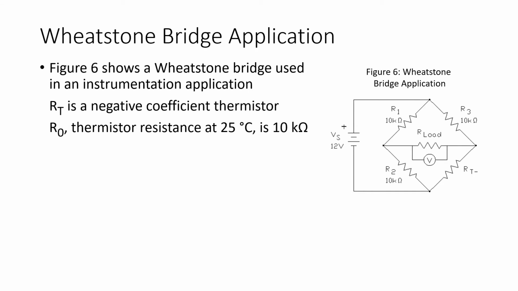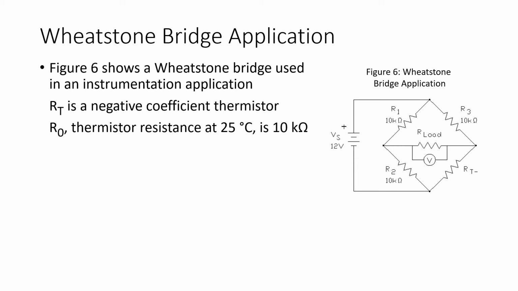Now let's look at an application of the Wheatstone bridge. The circuit of figure 6 shows us a Wheatstone bridge with resistor R4 replaced with a negative temperature coefficient thermistor. And we talked about thermistors in a previous video about resistance.